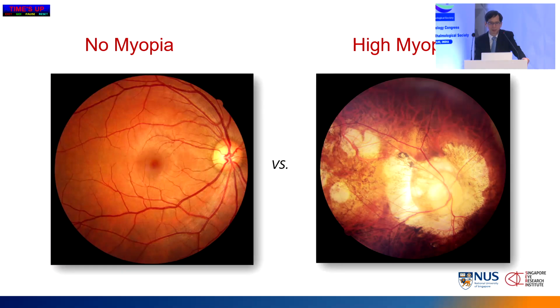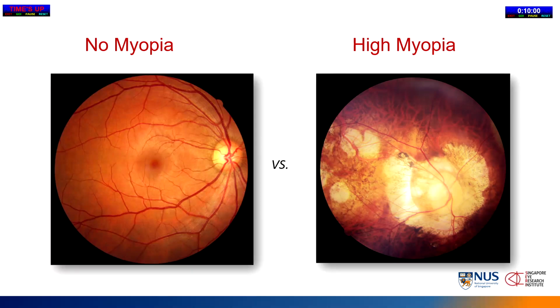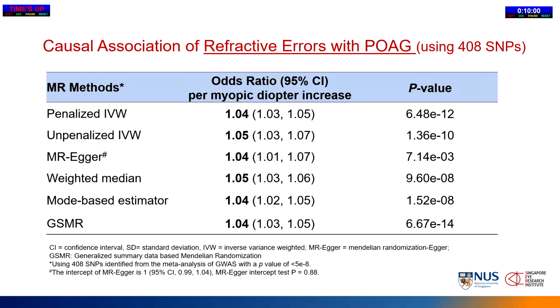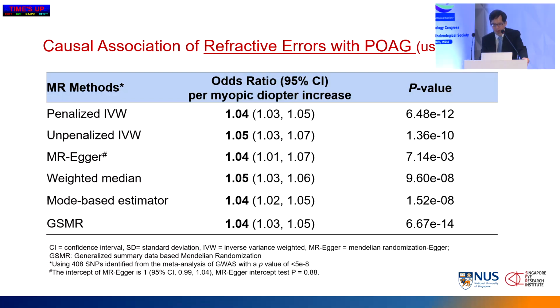Basically, we know that in high myopia cases, it is very difficult to diagnose glaucoma. So we also did an MR analysis to tease out whether there is a causal effect between myopia and open-angle glaucoma. We showed that a higher degree of myopia can be causally linked to open-angle glaucoma.